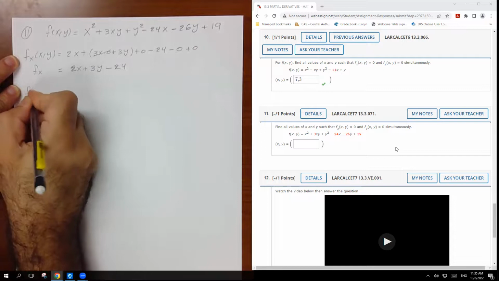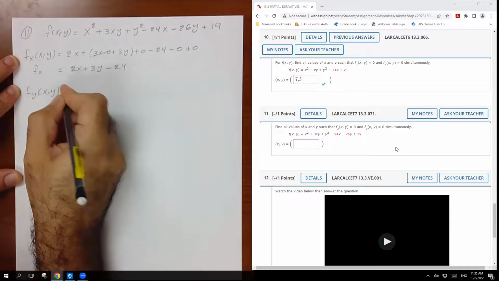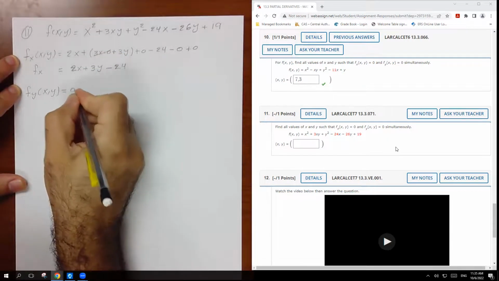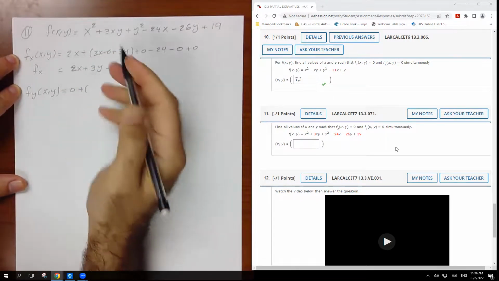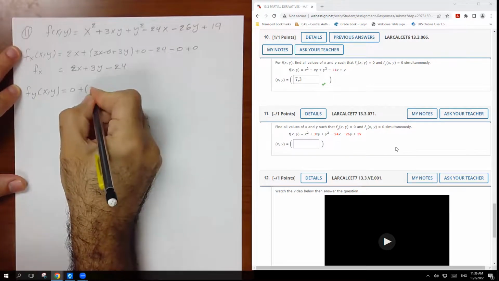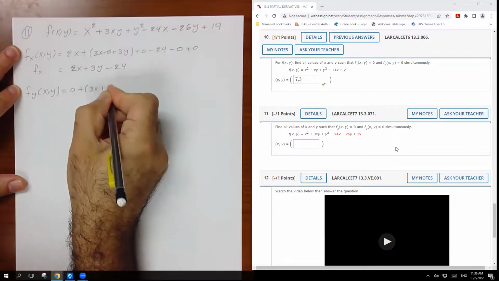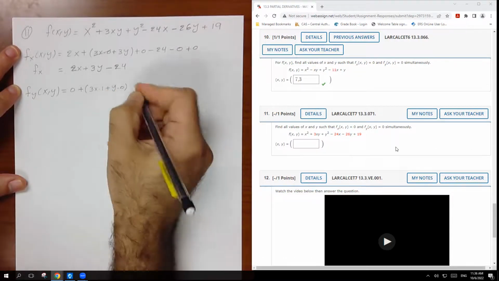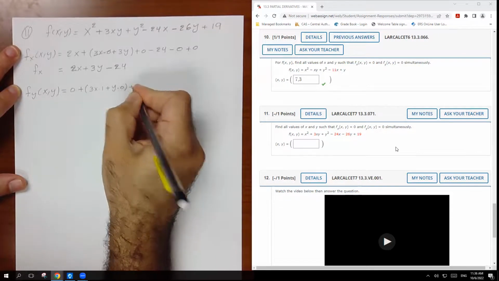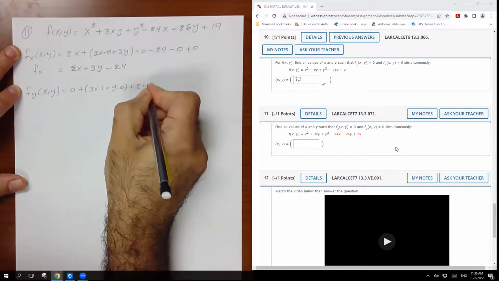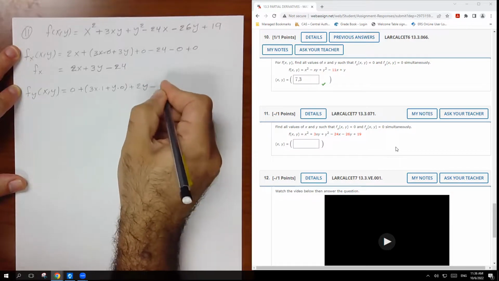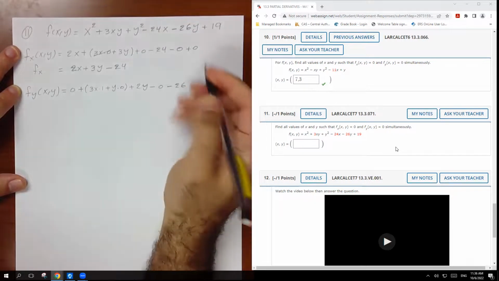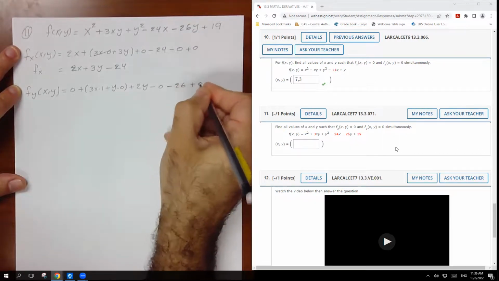Now f sub y of x, y is going to be equal to, this is 0 plus, do the chain rule if you want here, 3x times the derivative of y, which is 1, plus the second one times the derivative of 3x, which is 0, plus the derivative of y squared, which is 2y, minus 24x is 0, minus 26, because the derivative of y is 1, plus 0.